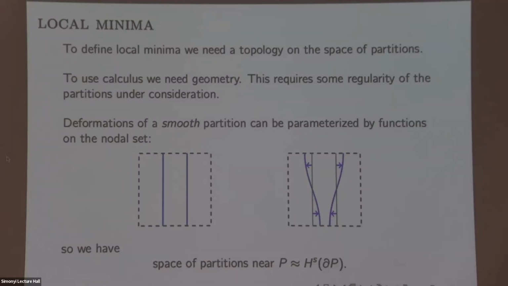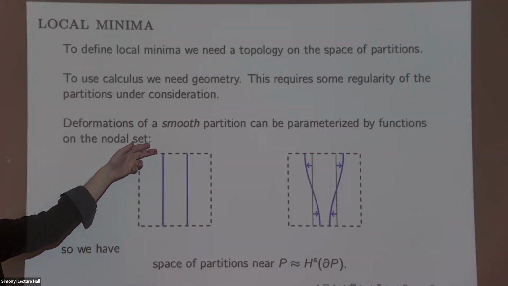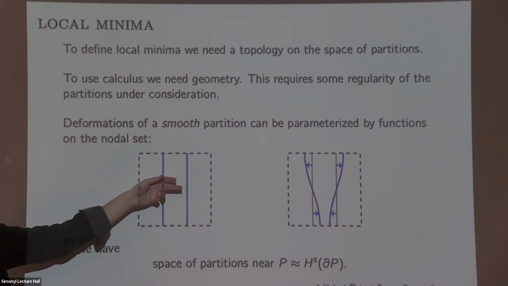So I'm going to start off by looking at the simpler case of what's called a smooth partition. So this is one where the boundary set or nodal lines are just a bunch of smooth curves. Maybe they intersect the boundary, but if they do so, transversely. So here's a 3 partition of the square. And in this case, I can just pick a normal vector on each component of my boundary set.